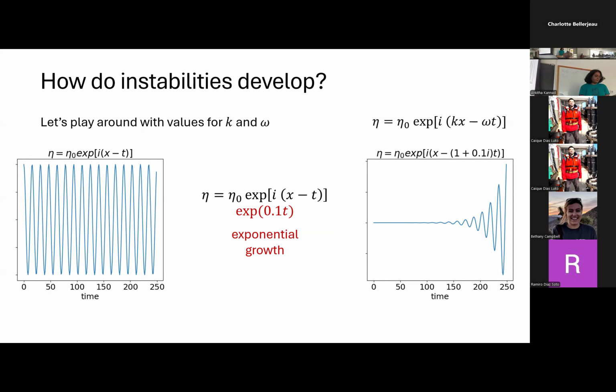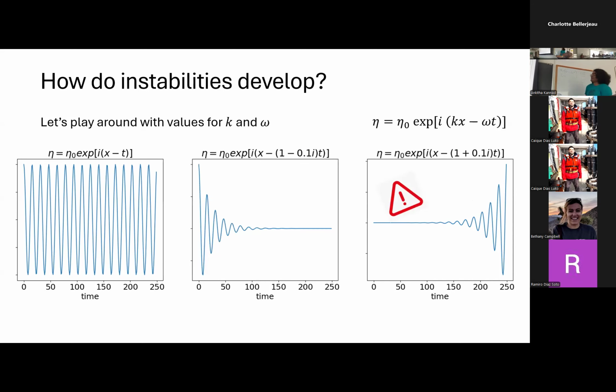And so, as you can probably imagine, the first is a scenario where you have a perturbation, which is what I showed you initially. It's just oscillating. It's not really changing the original density structure. Here you have a scenario where you have a perturbation that has slowly decayed over time, and so goes back to its equilibrium position.